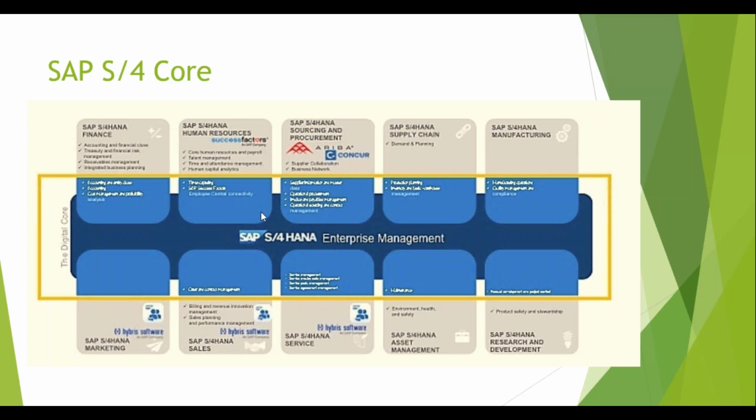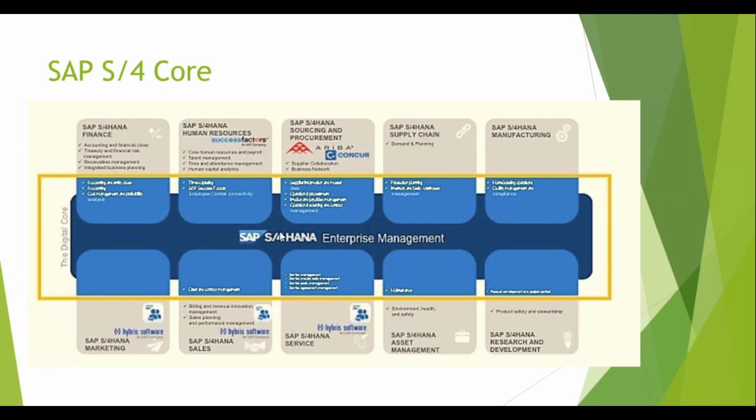It consists of the main core system, plus the interfaces to SuccessFactors, Ariba, Concur, Hybris. Now I'm not saying that if you are using SAP S4HANA, all these are mandatory. No, not at all. And I'm not saying that SuccessFactors, Ariba, Concur, Hybris are only available in SAP S4HANA. Again, no. In ECC also, if you are using ECC in the middle, we are replacing ECC with SAP S4 core.